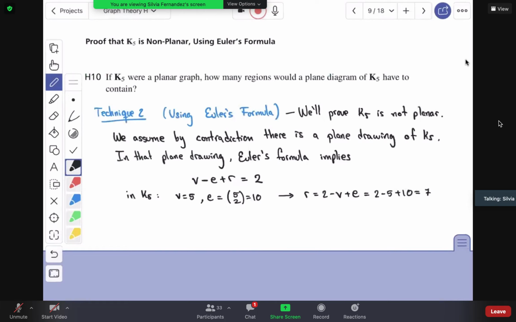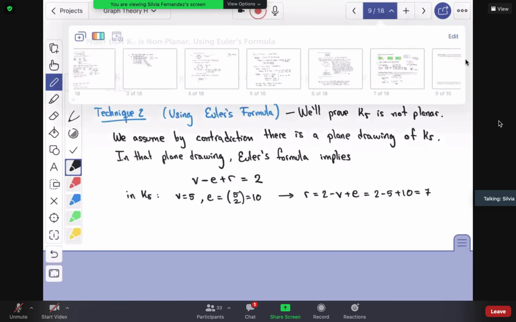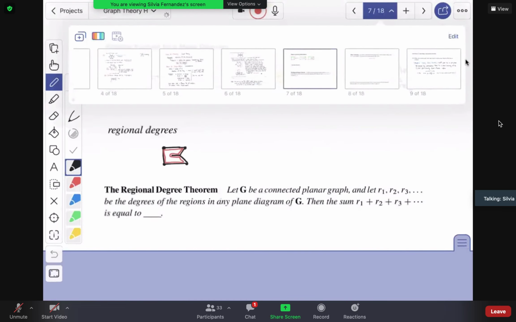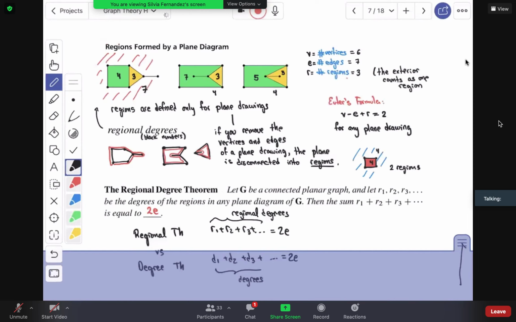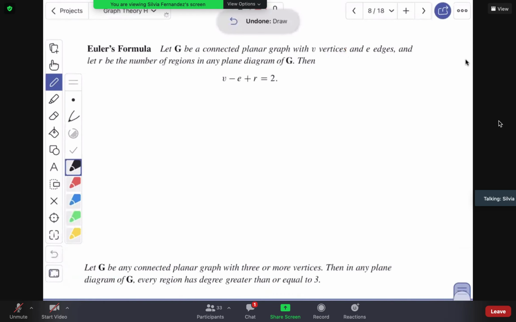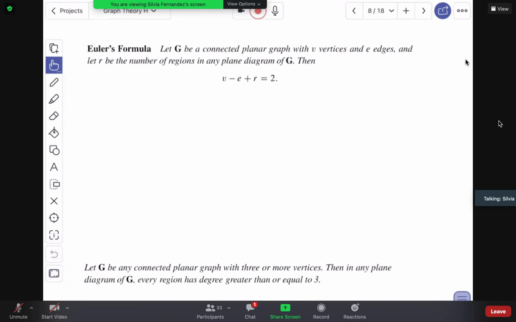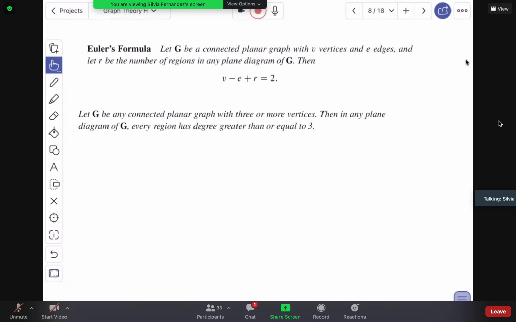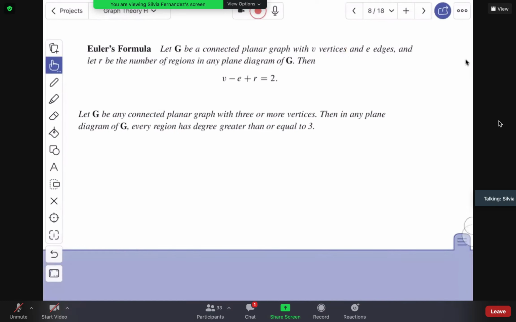Okay, I need one more thing that I had in my previous slide, but I didn't emphasize. So I'll go back to that one. I didn't show you this one because I thought I didn't really need it. So that's Euler's formula I stated before, but this is an important note, which we're going to use right now.